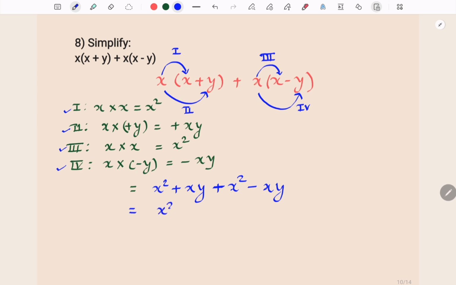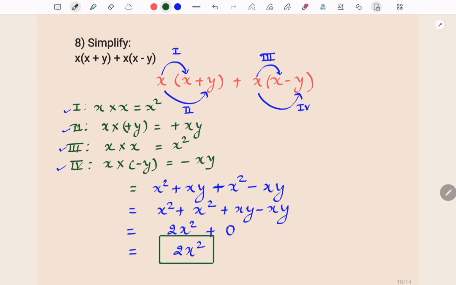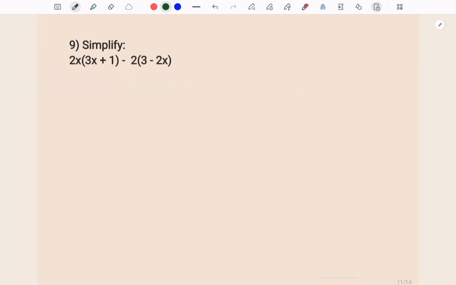Let me group the like terms together. x squared plus x squared plus xy minus xy. x squared plus x squared is 2x squared, and plus xy minus xy gets cancelled out. It gives 0. 2x squared plus 0 is 2x squared. So 2x squared is the final answer of this question. Let's move on to the next question.